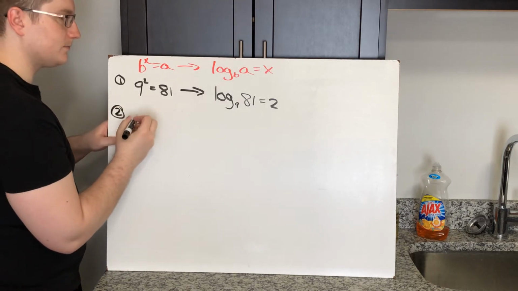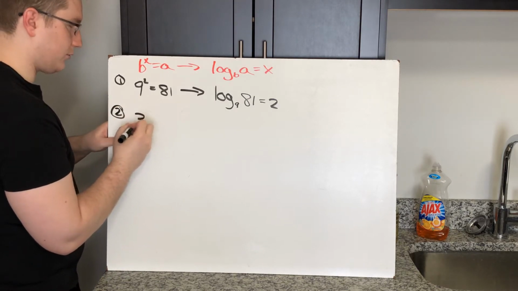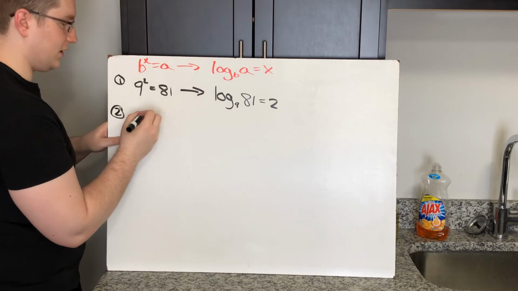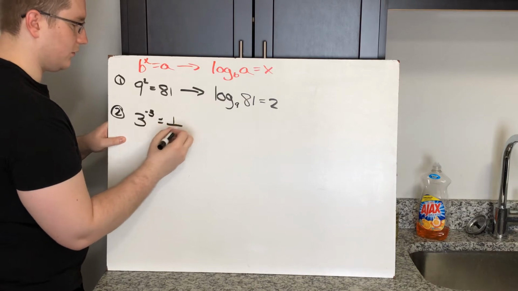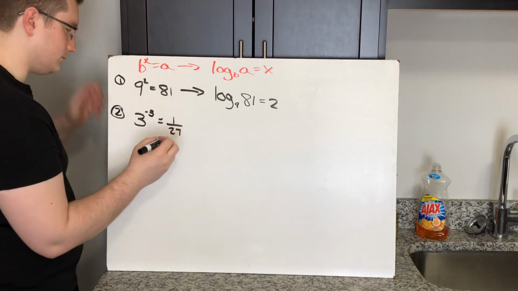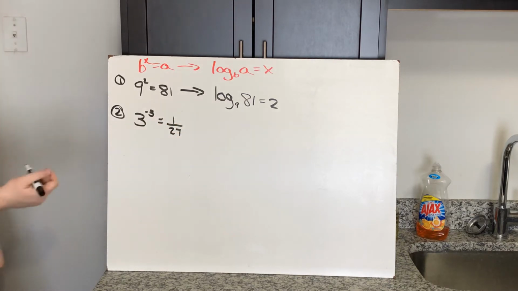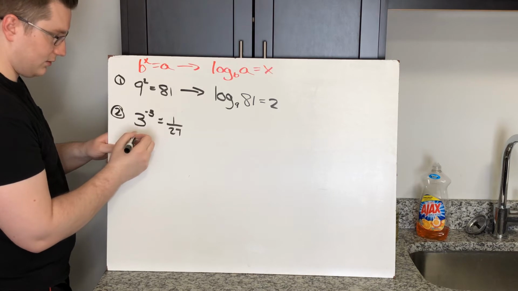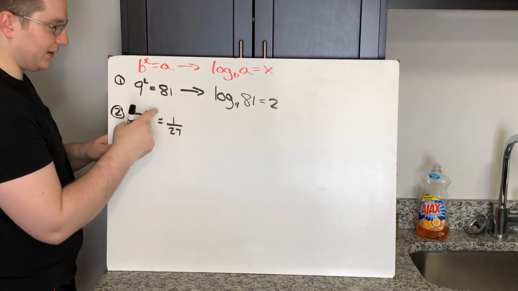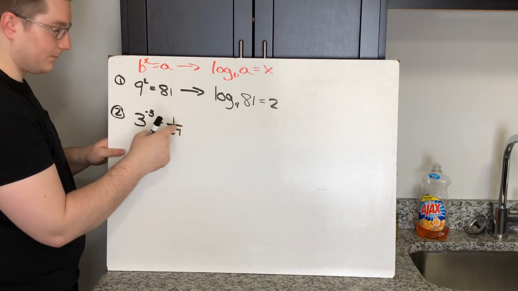Number 2, I have 3 raised to the negative 3 power equals 1 over 27. Well, first, negative exponents, if we remember correctly, go on the bottom.